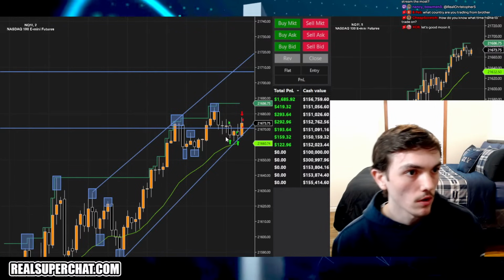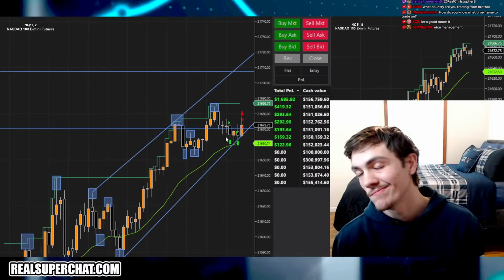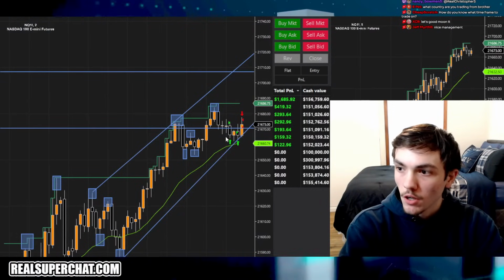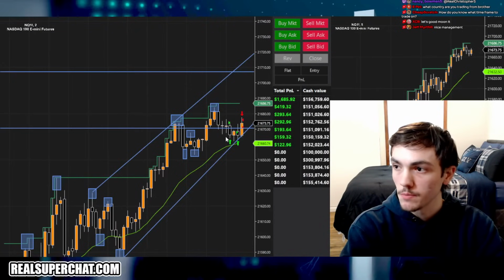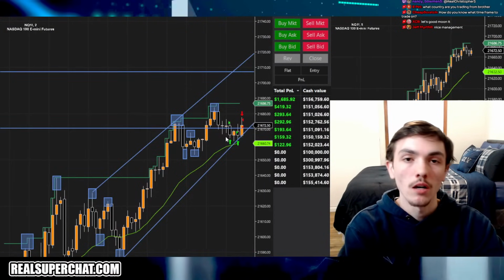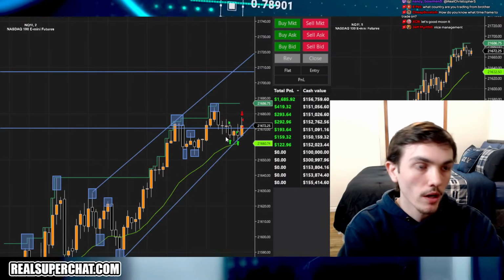Kind of wanted more in that trade. Low ATR, low volatility, so you get like 10-point wicks. On 20, 30 ATR, high volatility, that would have been a 30-point wick.